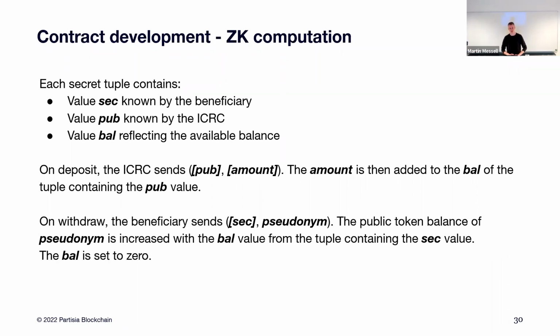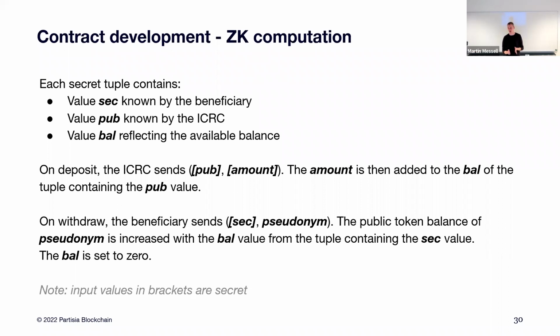And then the balance is set to 0. The inputs in square brackets are private, so those are secret. So no one from the outside can see what was the public value, what was the amount, and what was the secret value. The only thing that's public here is the pseudonym, but it is now anonymized.